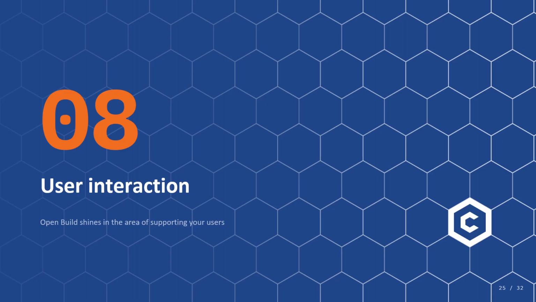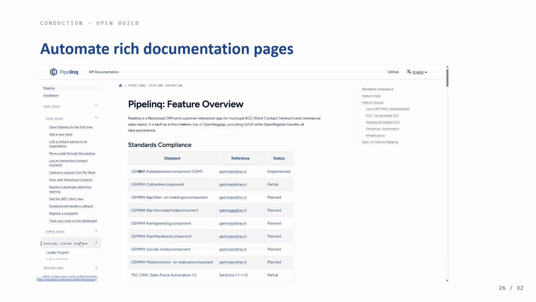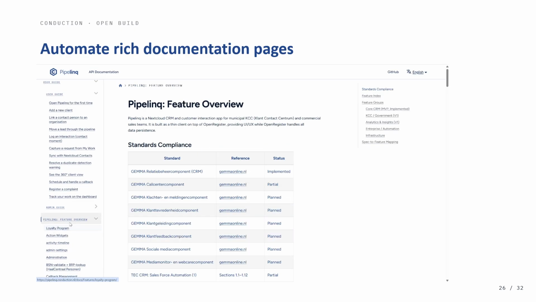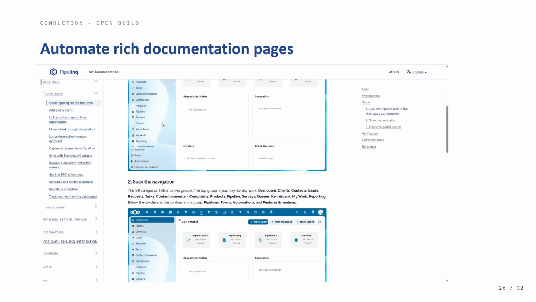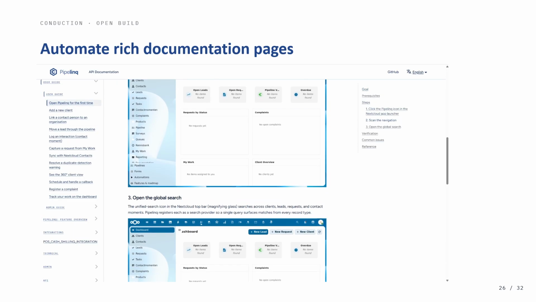It's also good to know that OpenBuild adds a lot of out-of-the-box functionality for you to interact with users and to improve your user interaction. First of all, OpenBuild uses your specifications and the way you build your app to create very rich automated user documentation, which you can then put online to let your users know how your application works.